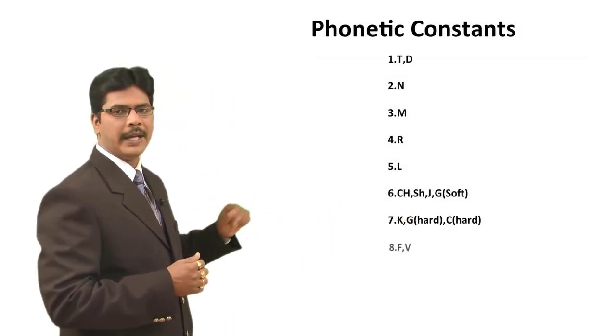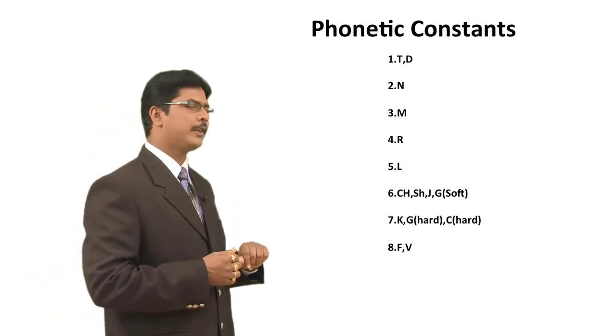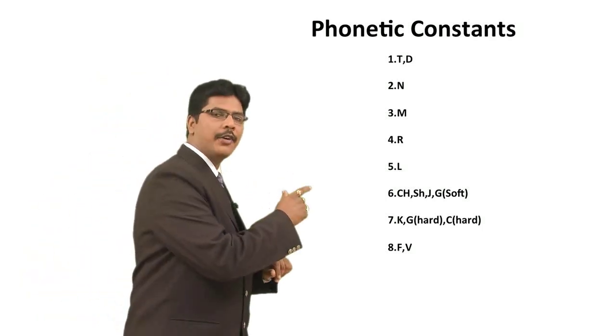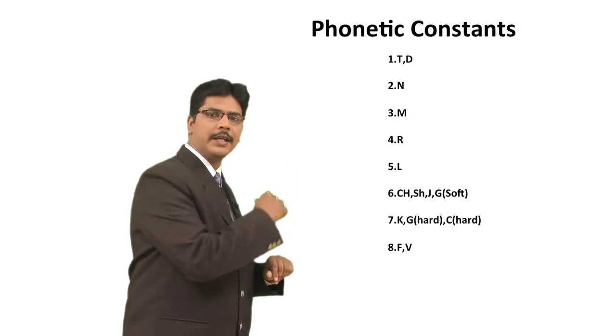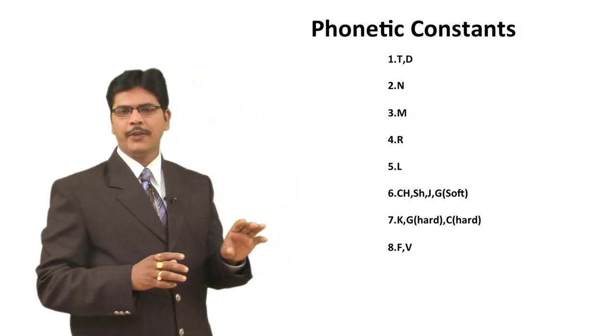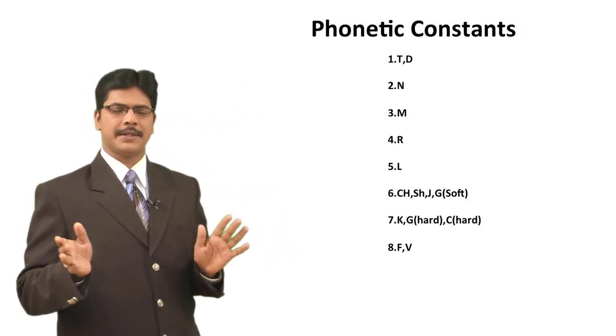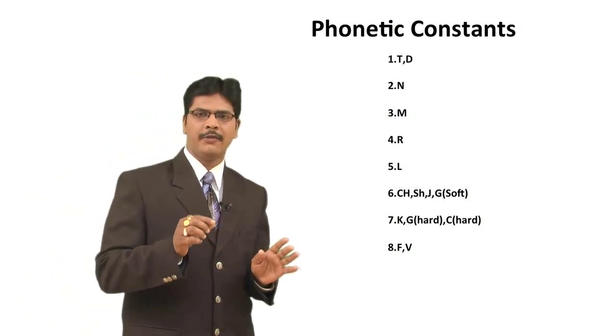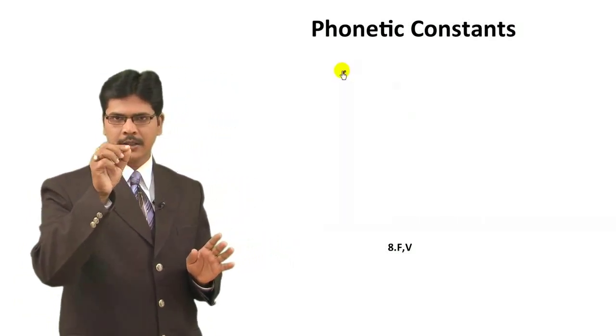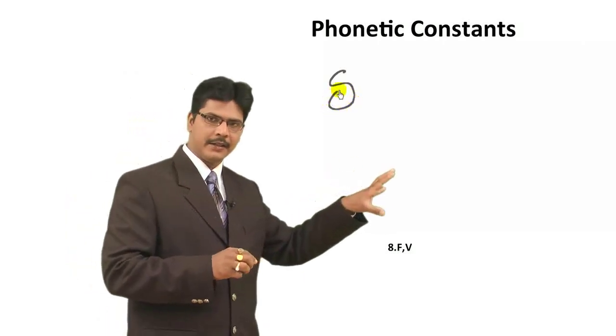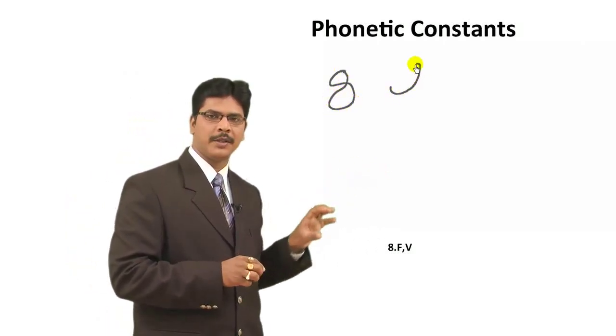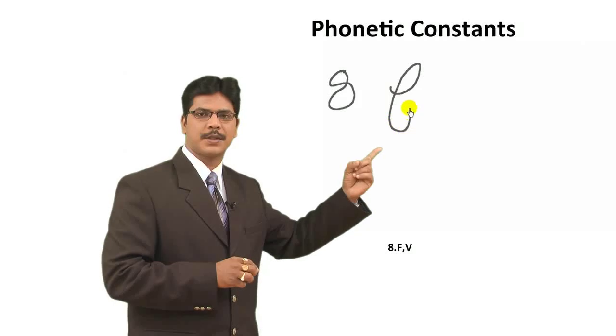Next, number 8. We remember number 8 with phonetic consonants F and V. Why for 8 F? Very simple reason. If you write F in cursive writing, the cursive written F and 8 both have something in common, and that is the two loops.